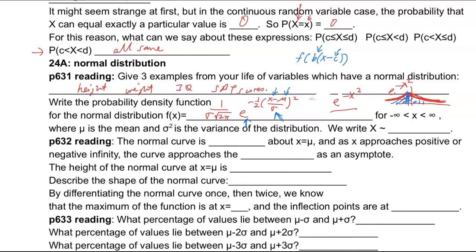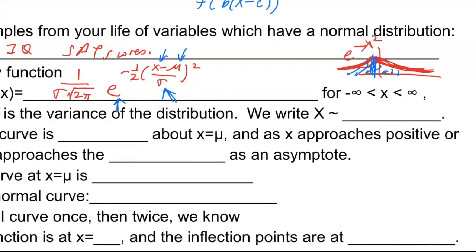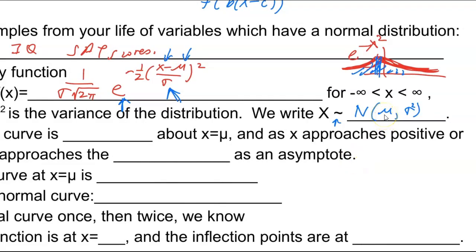Okay, let's move on. Whenever we want to indicate that we're using the normal distribution, we use this code, which is x tilde, and then we put n, and in the parentheses we put the mean, which is mu, comma, and then the variance, which is sigma squared.